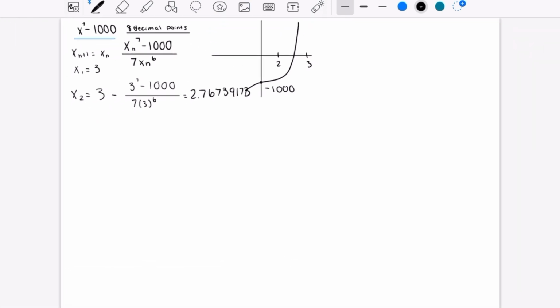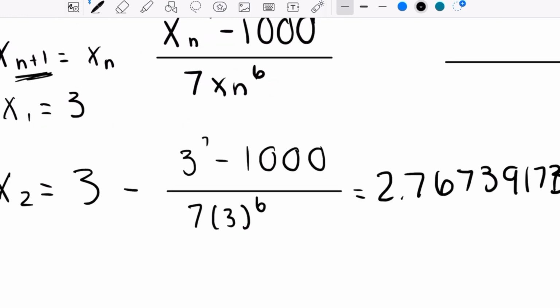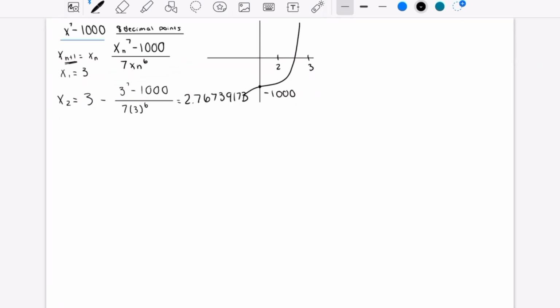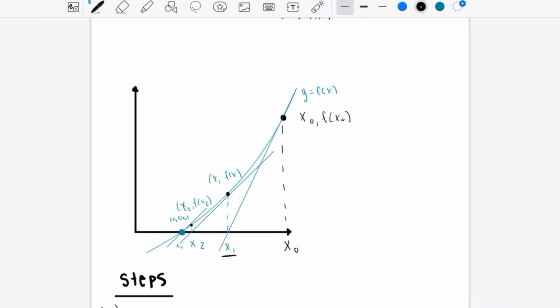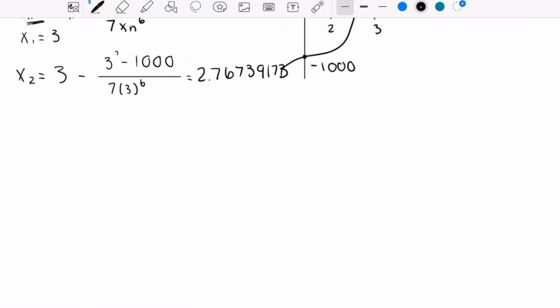Okay. So now we're going to repeat this process, but adding 1 onto our x because x of n plus 1. And we're going to repeat the process, just like how on the graph we found a new point and repeated the process. We're going to do the same thing when calculating.